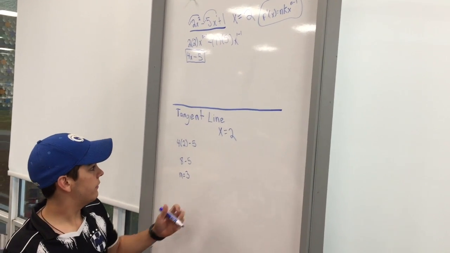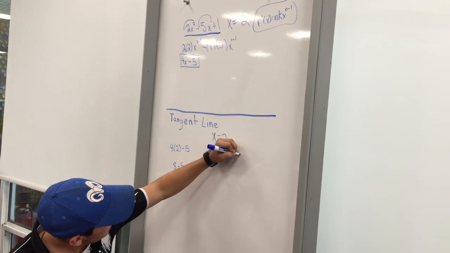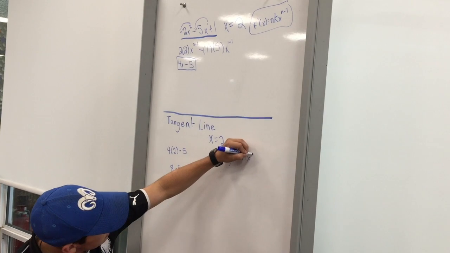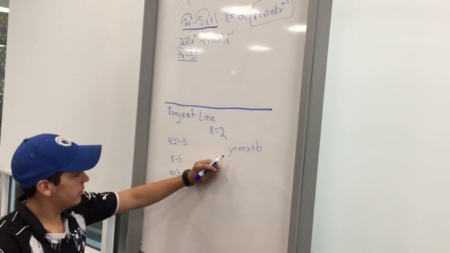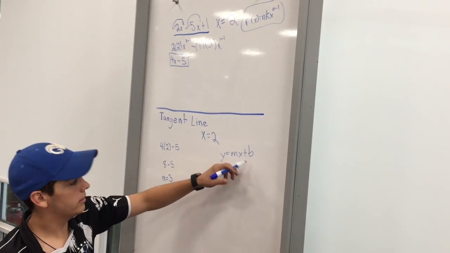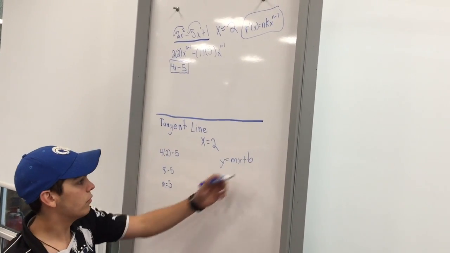Whenever you substitute the 2 in the derivative, it's going to be the m. The function you're using is y equals mx plus b. We have to get the b also, but to get the b we have to get the y and then solve for b.